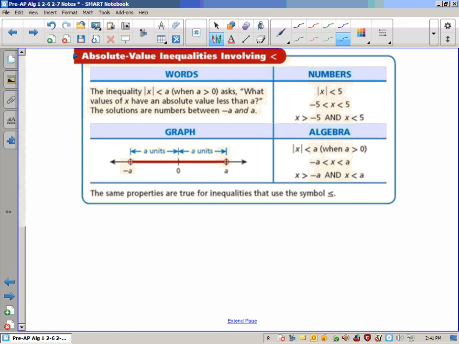So in this case, if we're talking about absolute value of x is less than a, then I'm looking for the two values that are a units away from 0, and that's a and negative a. Okay, same properties are true for the symbol less than or equal to. It's just filled in instead of open.